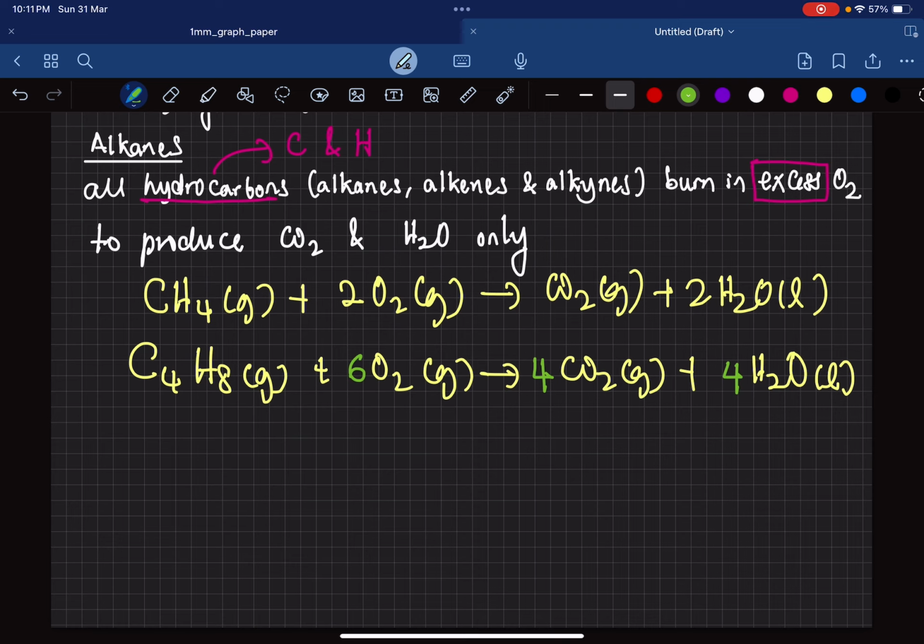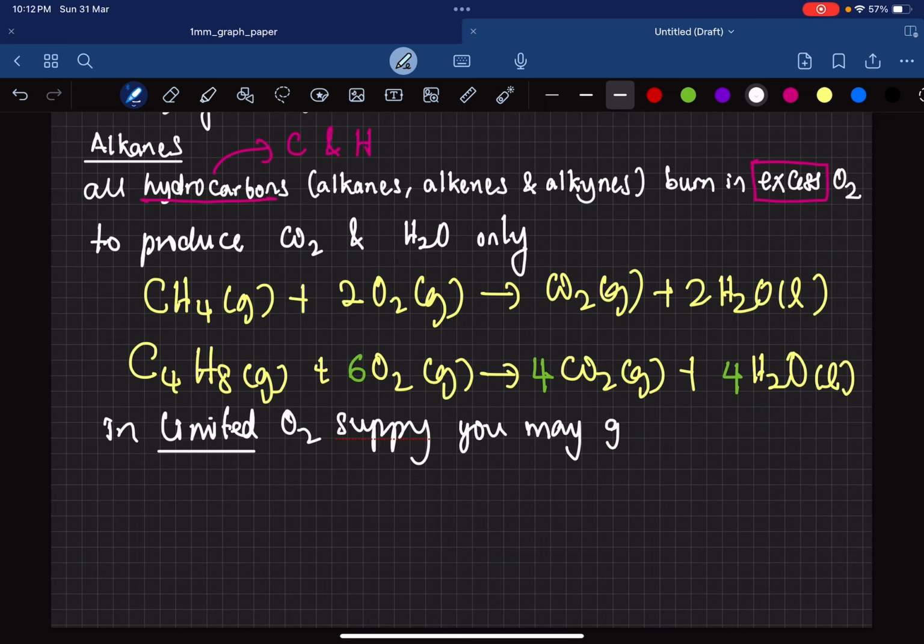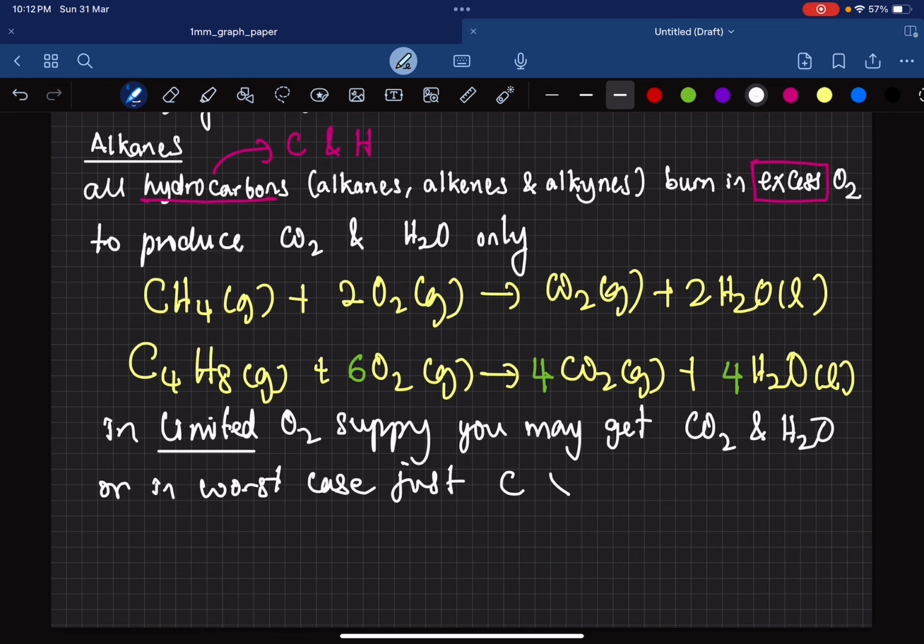But what happens if oxygen is not enough? In limited oxygen supply, the question will tell you limited oxygen supply. You may get carbon monoxide and water, or in the worst case, just carbon and water.